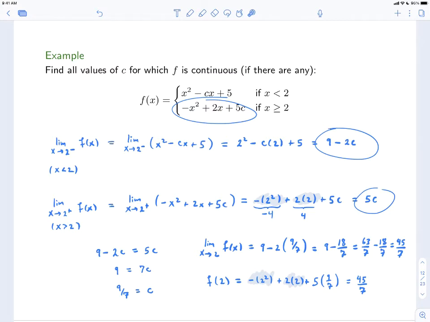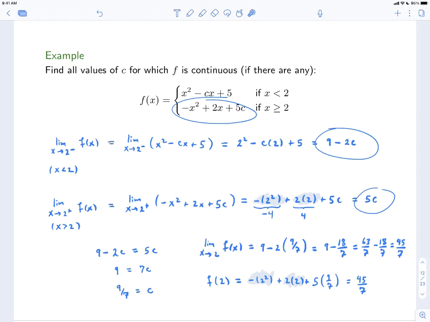Now if you actually look at the definition, the way this was defined, each of these individual pieces is continuous. The only place where you might have an issue is x equals 2. In order to be continuous, the two pieces of the graph have to meet up at x equals 2. We know that this piece here, when x is less than 2, is continuous everywhere, but we're not letting it use this rule when x is equal to 2.